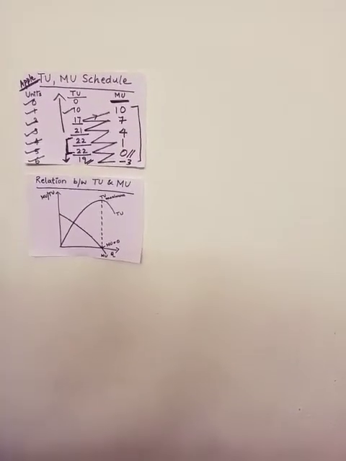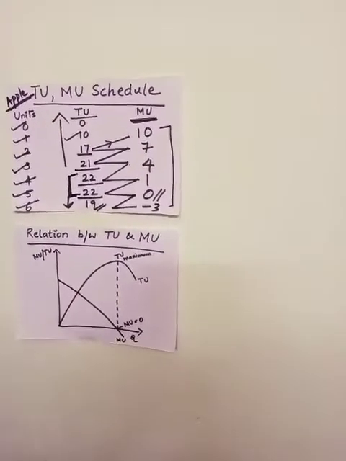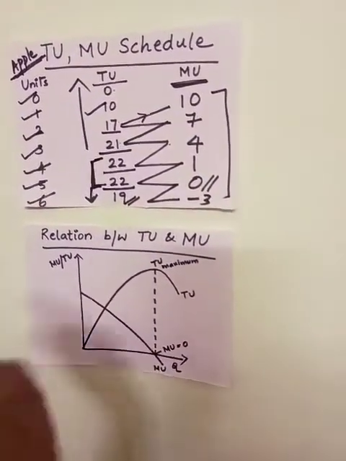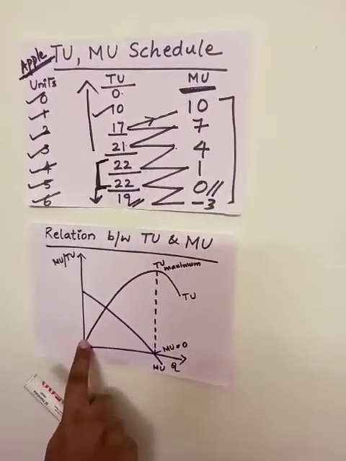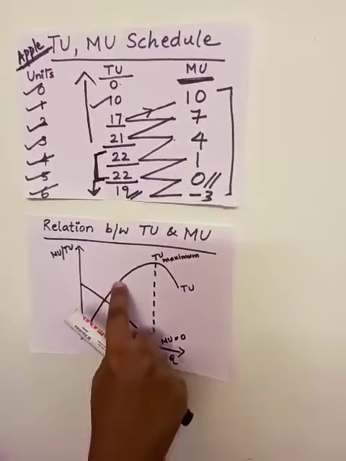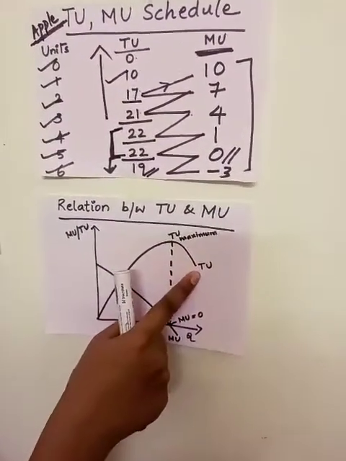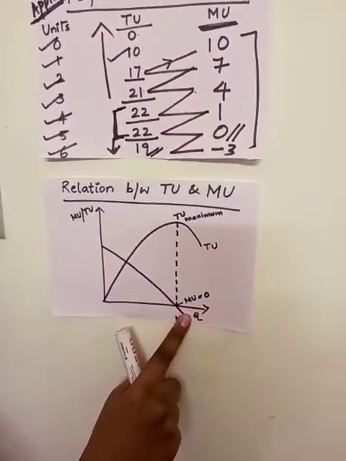Now you can look through the diagram here. This is the TU and MU diagram. As you can see, this is the TU curve, this is the MU curve. All that we have discussed in the schedule is depicted in the diagram. TU increases at an increasing rate, reaches maximum, then starts decreasing. MU is throughout decreasing.